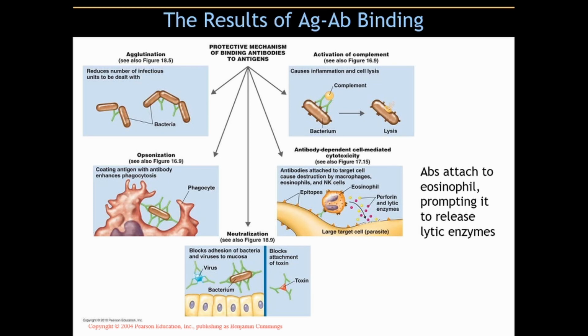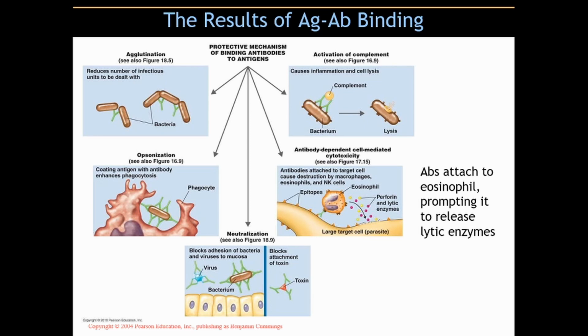These are the major results of what's called antigen-antibody binding. I have it in pictorial form here, and then I have explanation in a couple of slides for each of these. So agglutination, clumping them up in the upper left, reduces the number of infectious units to be dealt with. These antibodies will join to a number of infectious units, the terms used here, antigens, epitopes, whatever you want to call it.